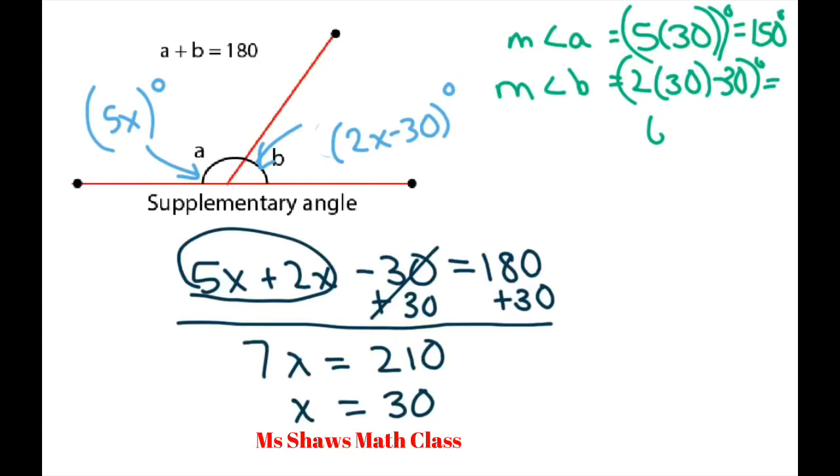And that's going to be 60 minus 30, which equals 30 degrees. So let's plug those in. So the measure of angle B is 30 degrees, and the measure of angle A is 150 degrees. And clearly they equal 180.